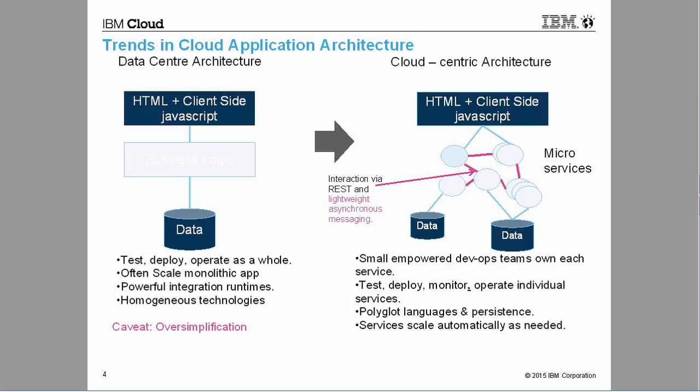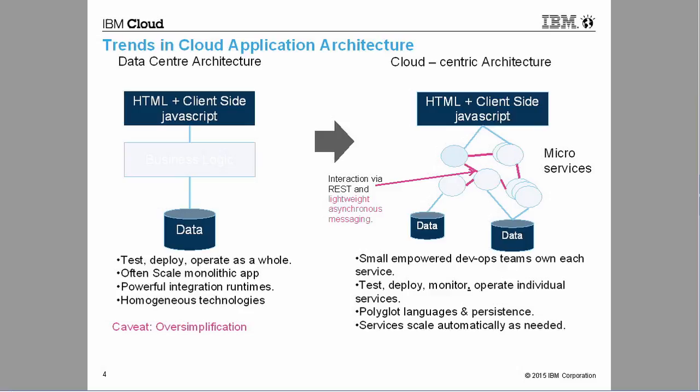Whereas, what is a cloud-centric architecture? Basically, we are trying to simplify, and the cloud-centric architecture is more feasible. It helps developers define their applications or services in their own language, using microservices and data.